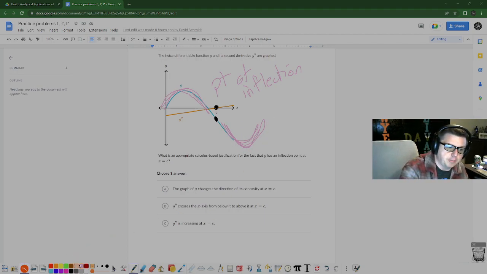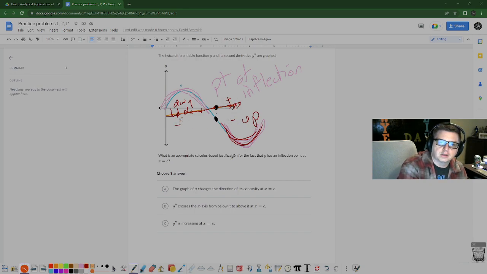And we can see that because everything here up until C is below the x-axis, and then we change to above the x-axis. So the bowl opens up, down, negative, positive.